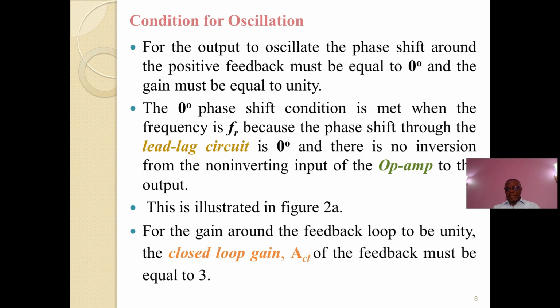So to make it unity, the amplifier or the op amp must be able to amplify by 3 to nullify that attenuation of 1 over 3. So we say that the closed loop gain of the amplifier must be equal to 3 for the gain to be unity, since the attenuation is 1 over 3.